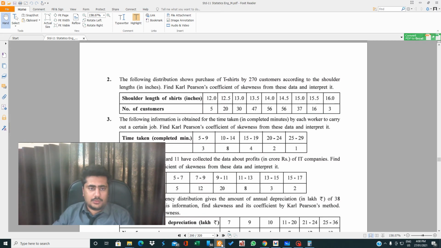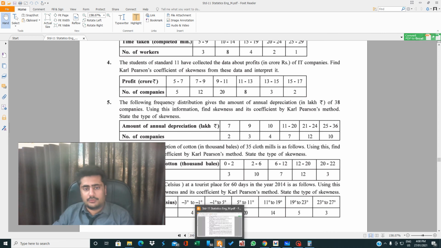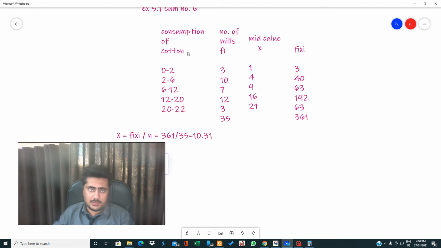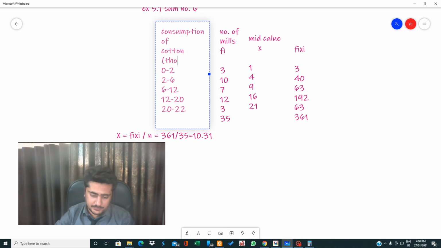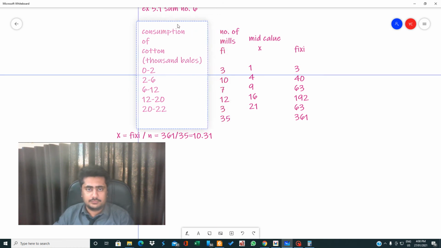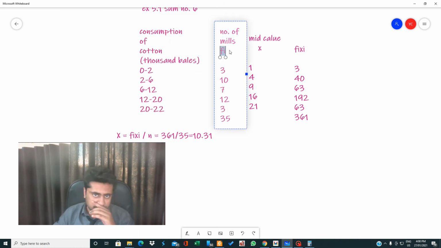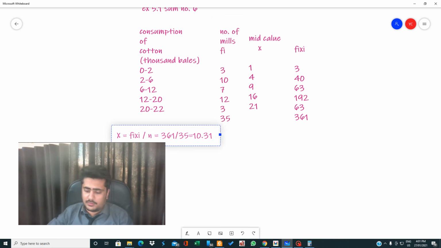This question says consumption of cotton is in 1000 bales, this is your quantity. So your mean is 10.31 thousand bales.